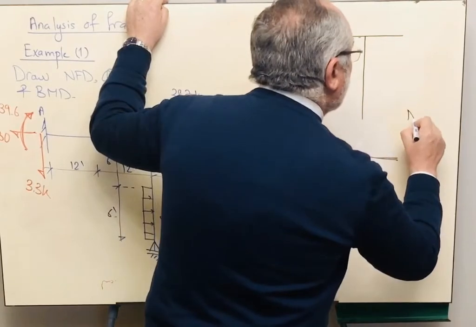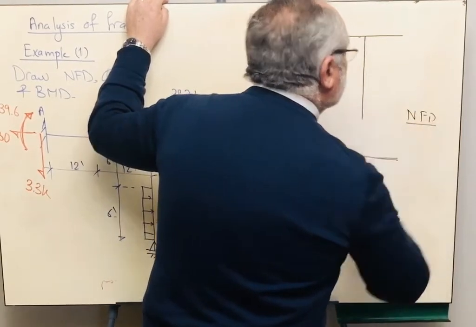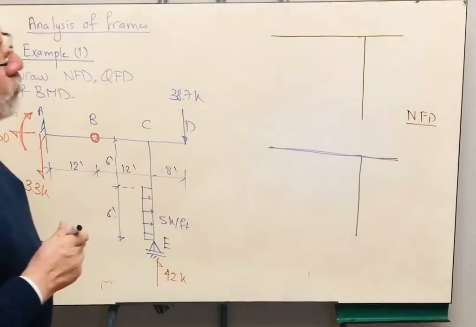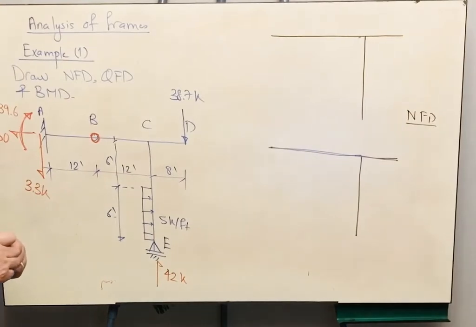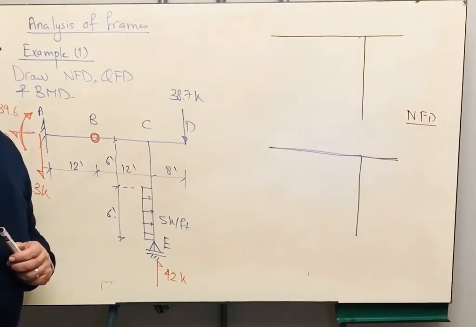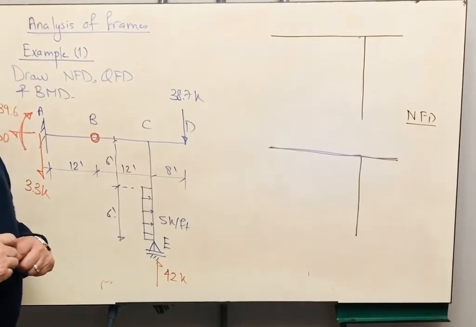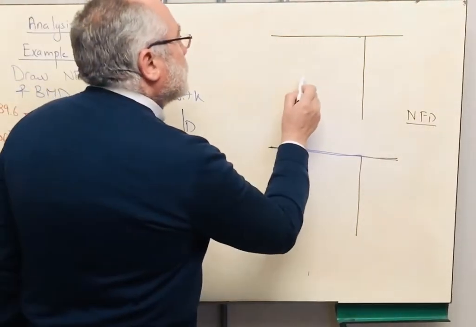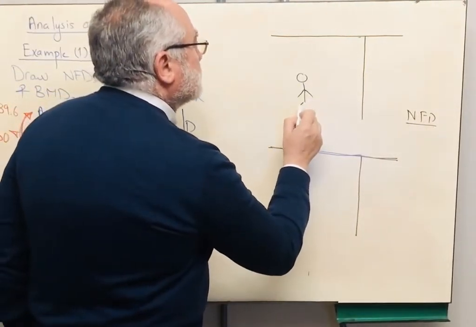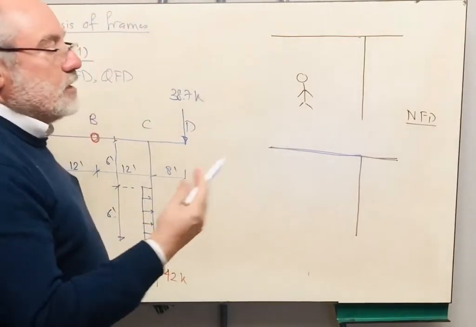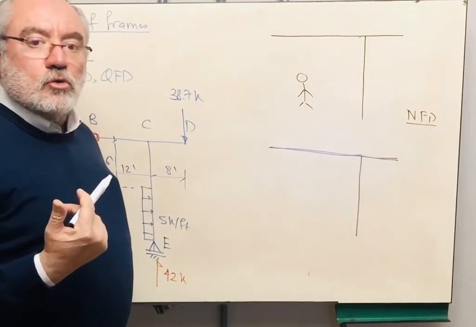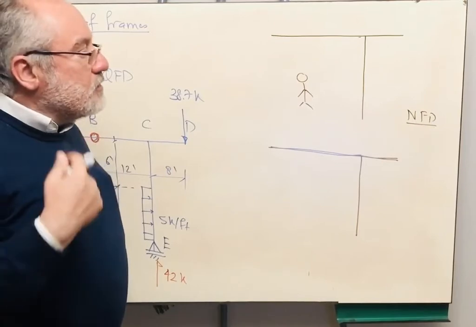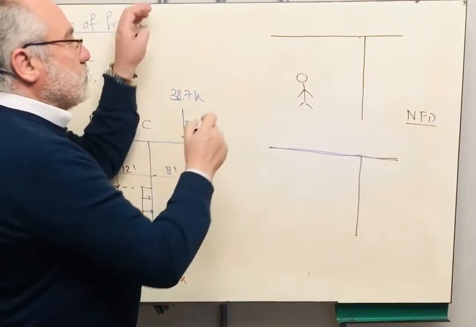So this is the normal force diagram. First of all, we have to define where should we draw the positive and the negative values for the normal force. We always imagine that we are standing under the frame. The near side, we are going to draw the negative normal force, and the far side, the positive normal force.